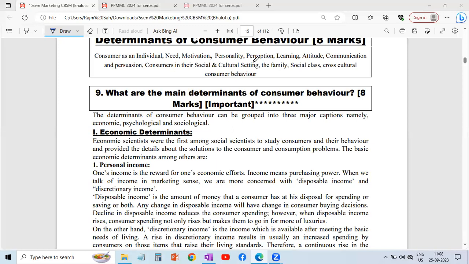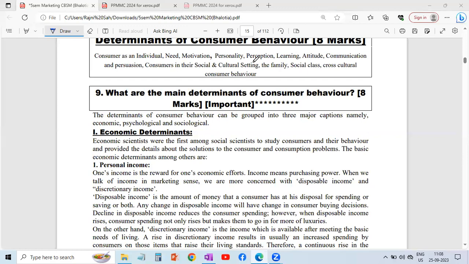So three captions have been mentioned here: economic, psychological and sociological. By economic determinant we can understand the details about the solutions to the problems of consumers or consumption problems. The problems we face maximum of the time in our life are solved with these basic determinants of consumer behavior.